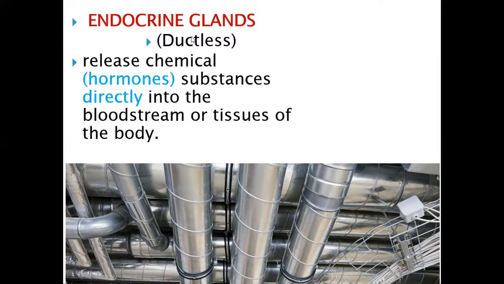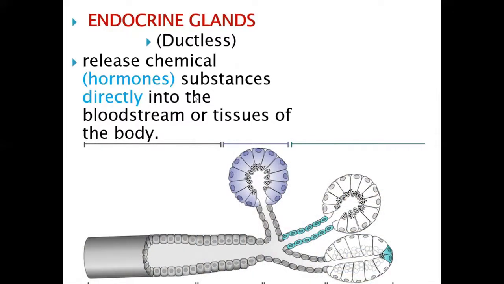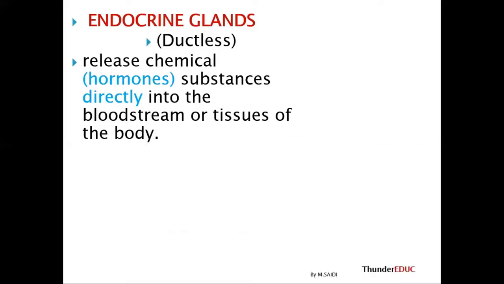The moment a gland releases the hormone into the bloodstream, it doesn't go into ducts. It goes to the bloodstream, and then the bloodstream takes these hormones where they are needed. That's why we say that they are ductless. They don't have those small tubes. In English, you can call them tubes.